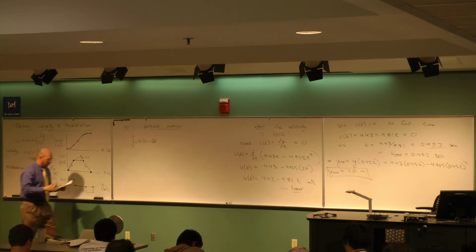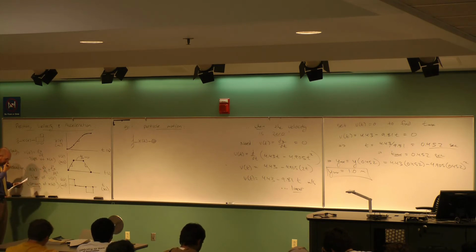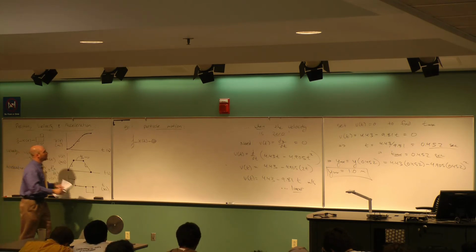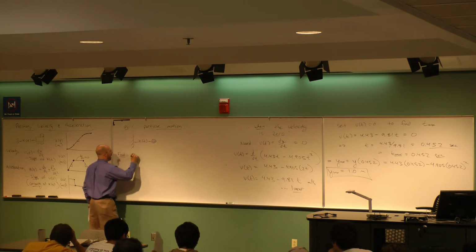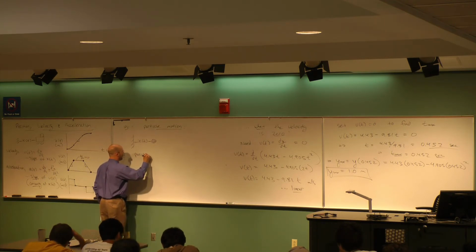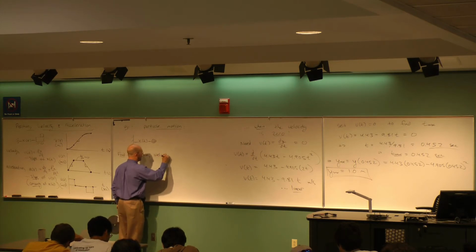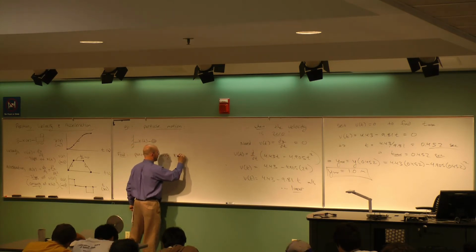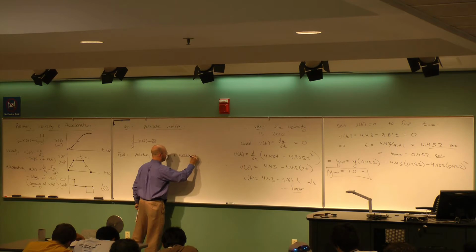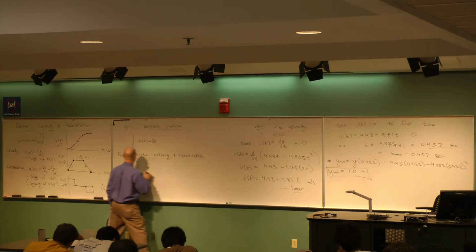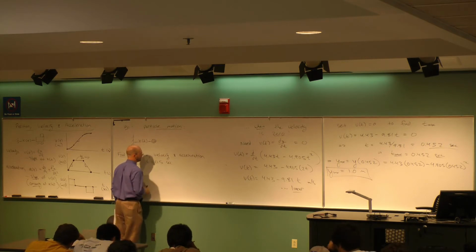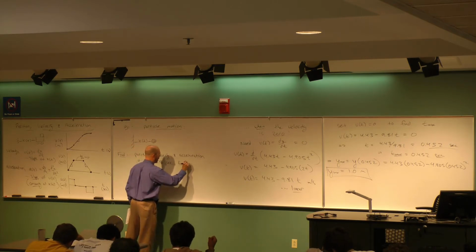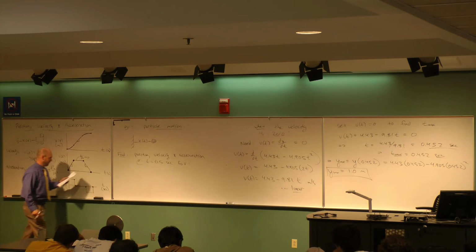We'll take a look at certain values of the position. What I would like to find is the following. I want the position, I want the velocity, and I want the acceleration at a specific point in time.